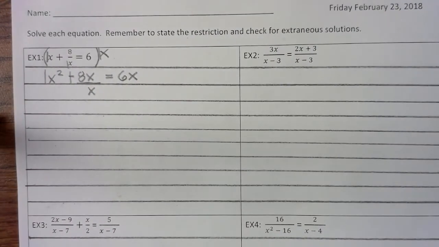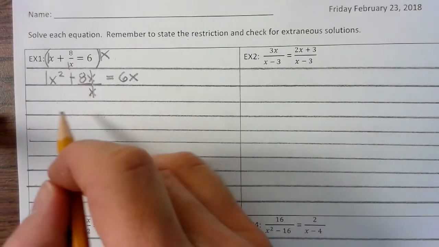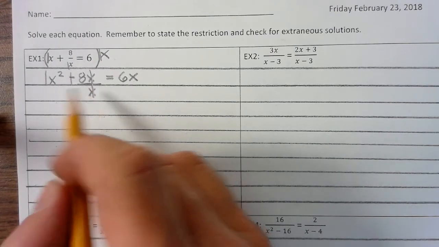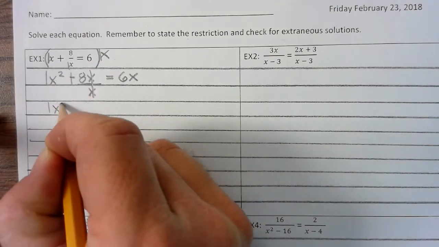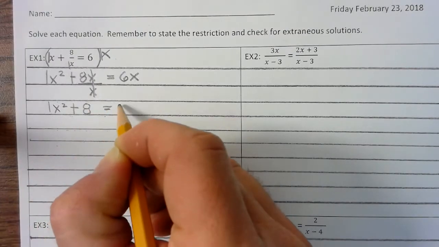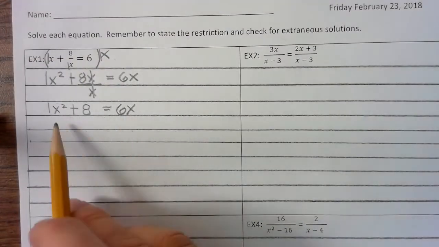Now we divide out common factors. Well, x divided by x is 1. So we're left with 1x squared plus 8 equals 6x. So we subtract 6x from both sides.